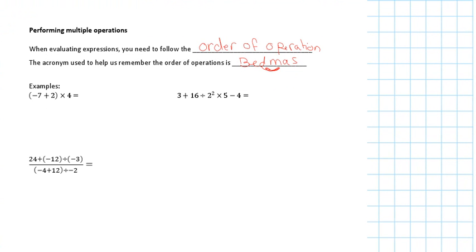So for those of you who don't remember this, B stands for brackets first. And when I mean brackets, I mean simplifying inside the brackets. So looking at what operation you have inside the bracket, simplifying that. Then you have your exponents. Then you have your division and multiplication, and these two in the order they appear.